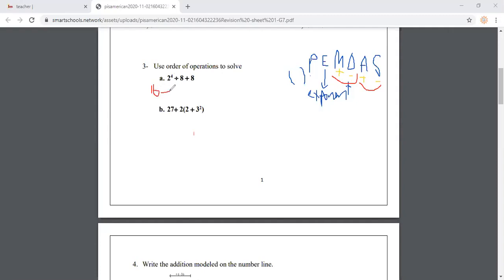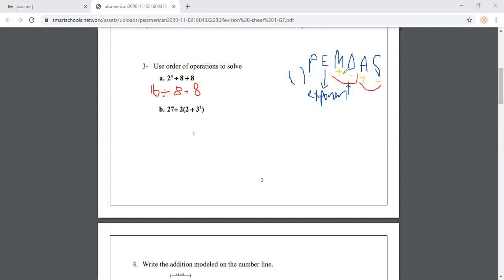And all the rest of the operation should be the same. Divided by 8 plus 8, right? Look at the chart or the rule and tell me which operation will be the second one. So I have 16 divided by 8 plus 8. Look at the chart. Parentheses, we don't have. Exponents, done. Multiplying and dividing. Do you see any from the left to the right?